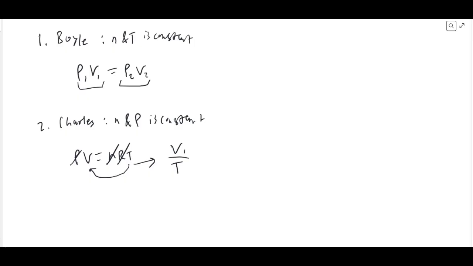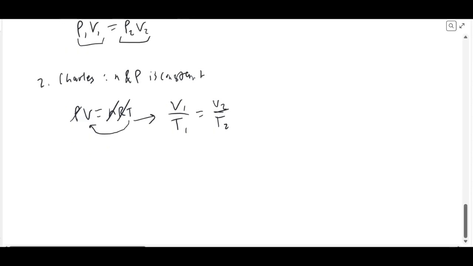In the end, we say V initial divided by T initial is equal to V final divided by T final. So if we increase our volume, in order for this equation to still hold, we'll also have to increase our temperature.